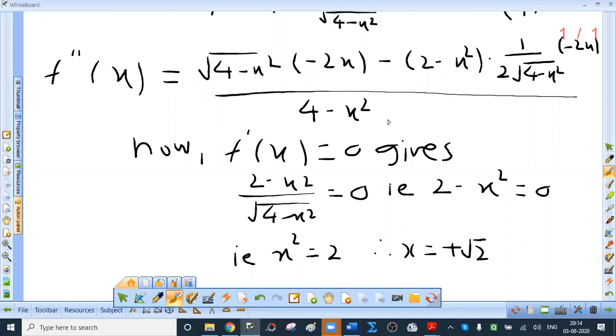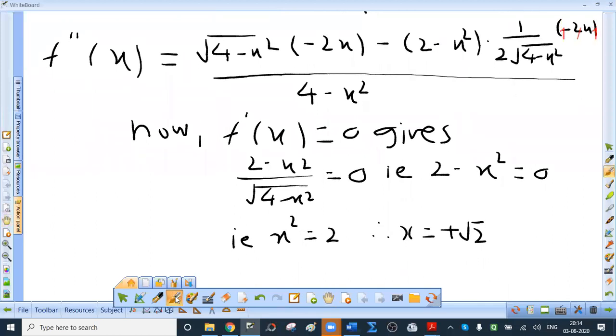Now when x is root 2, you have to find y and so on. Okay. So write down. You have to mention length is never negative.